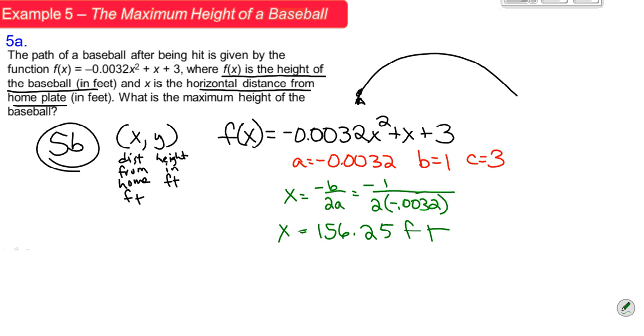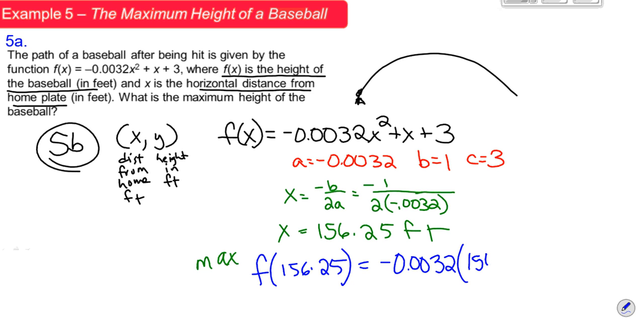Then to find the max, we're going to find f of 156.25, and so that's going to be negative 0.0032 times 156.25 in parentheses squared plus 156.25 plus 3. And again, maybe take a minute to do that on your calculator.